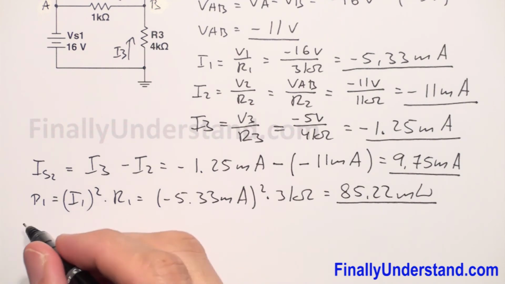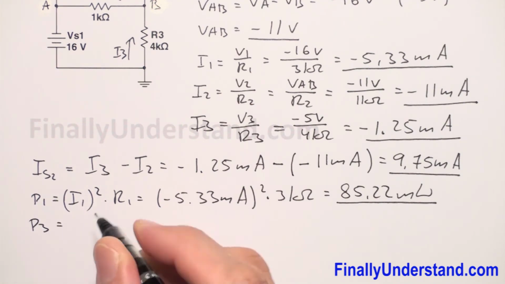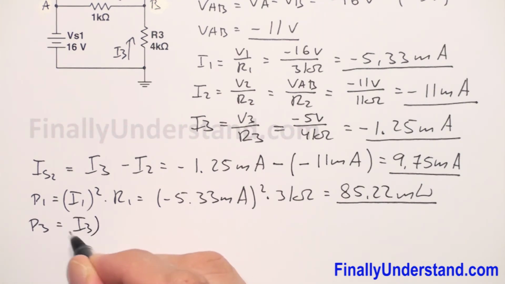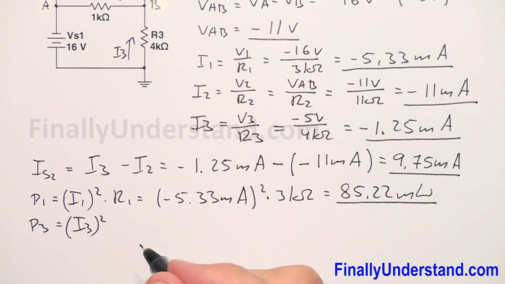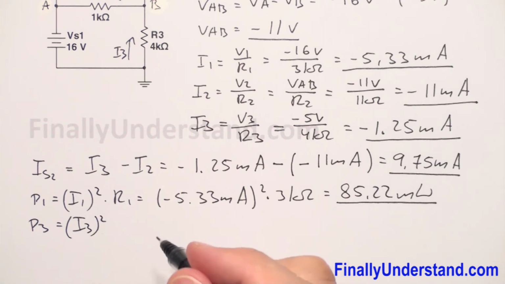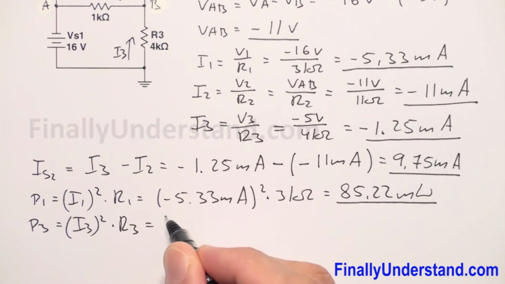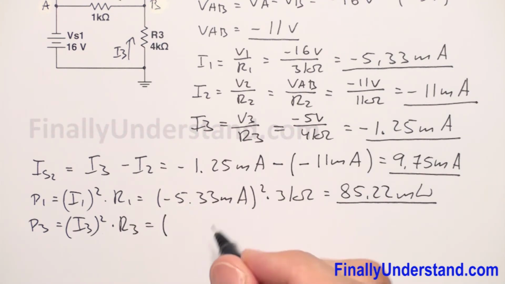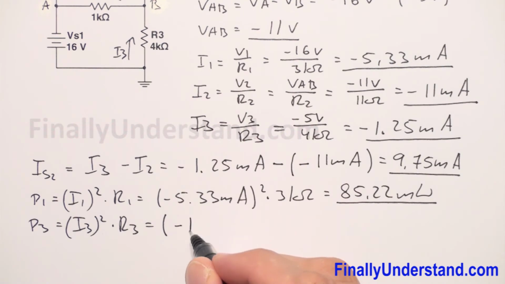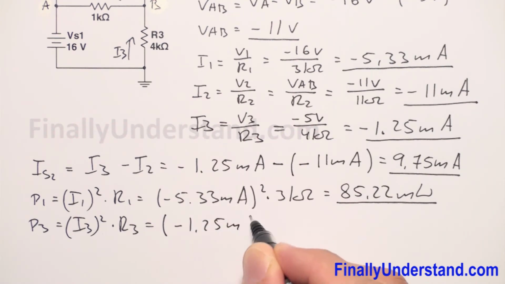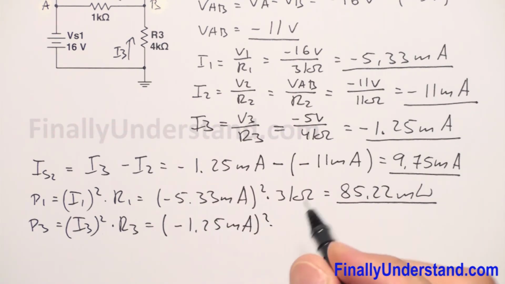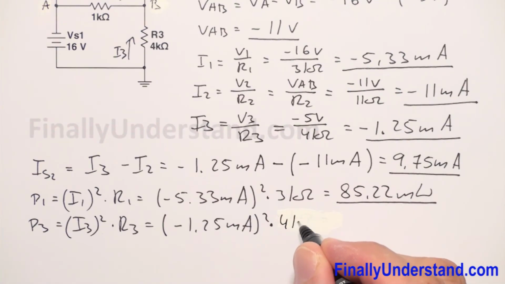Next I need to find P3. P3 is equal to I3 squared times R3. I3 we found is negative 1.25 milliamps to the second power, and R3 is 4 kilo ohms.